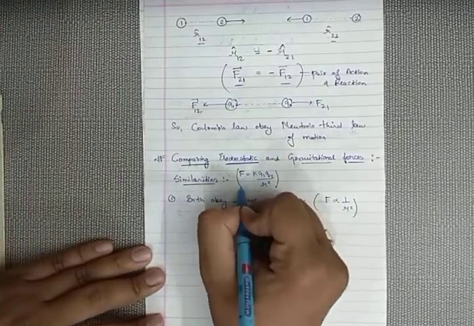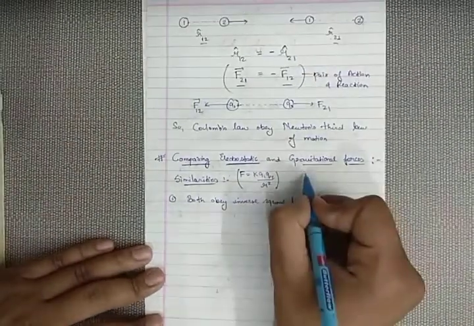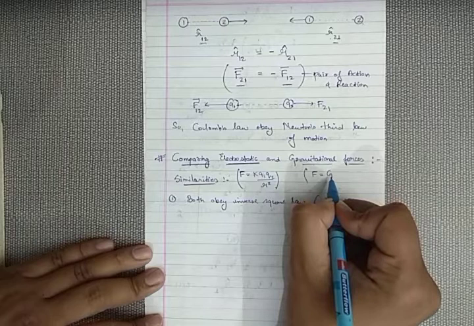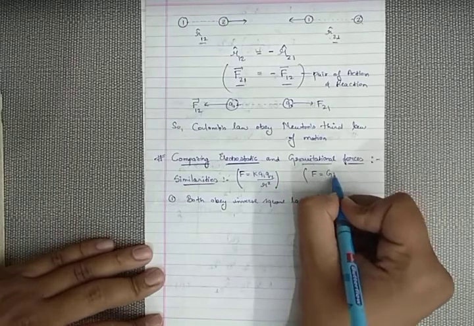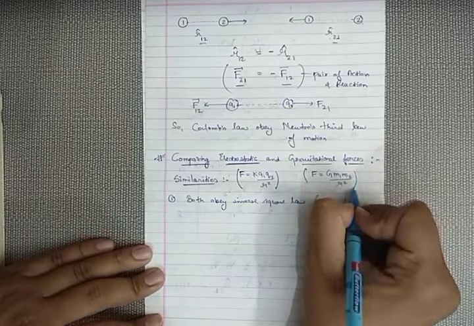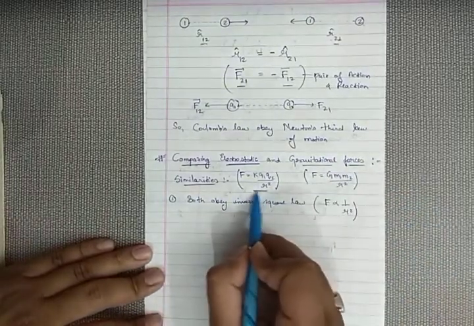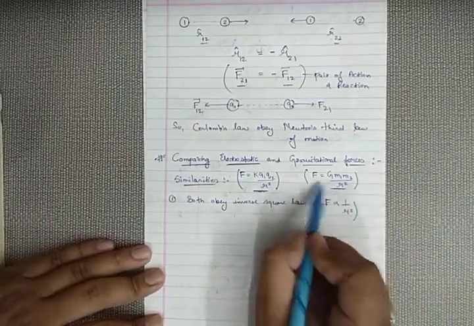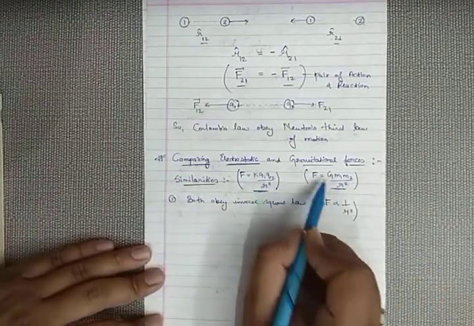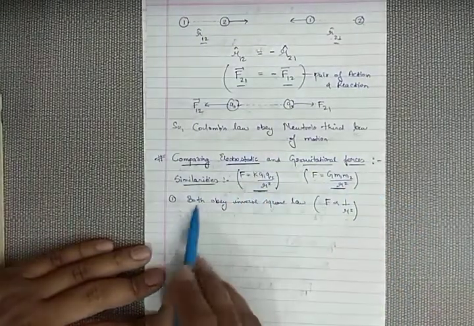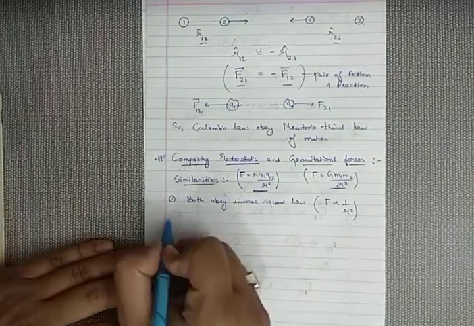In gravitational force, we know that F is equal to G, the universal gravitational constant, times m1 m2 by r square. In both expressions you can see that F is inversely proportional to r square. So both these laws obey the inverse square law.